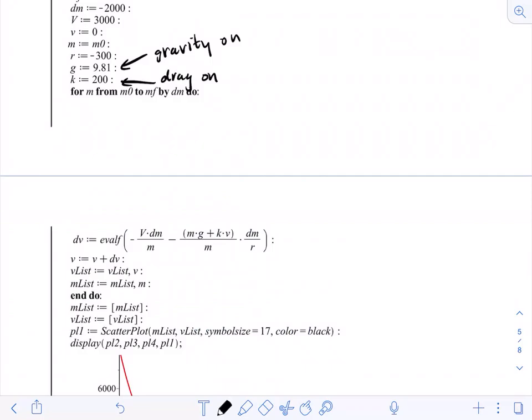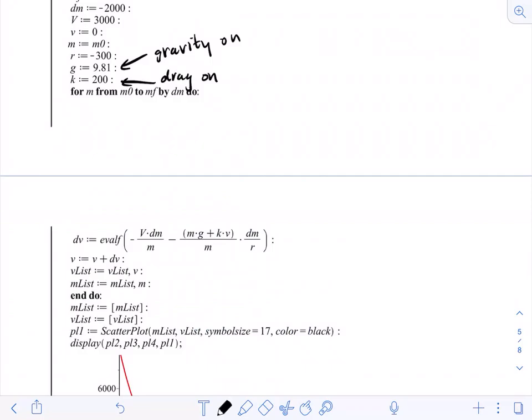But because we've done all these checks, we've checked the case of F external equals 0, and the case of only gravity, and the case of only drag, and they all worked well, we have some confidence that our code is doing what it should do.